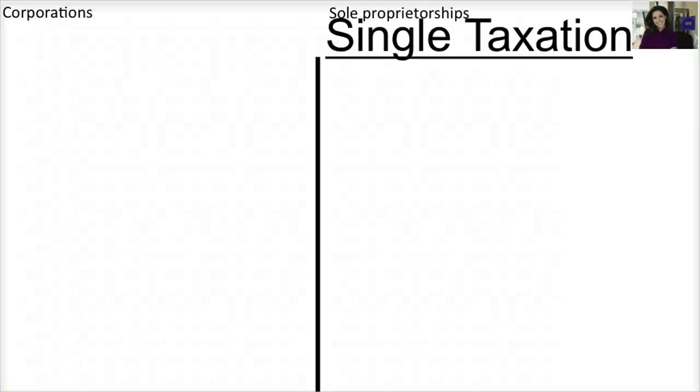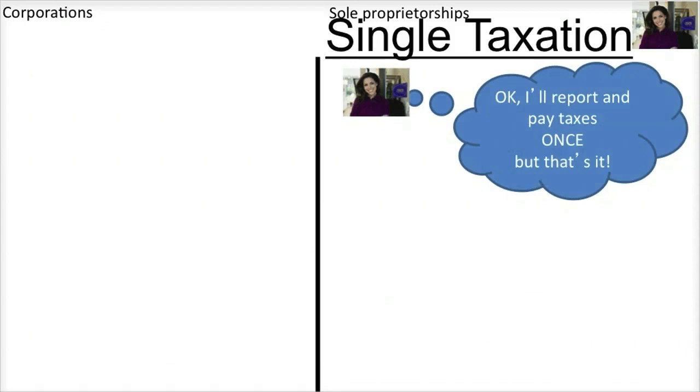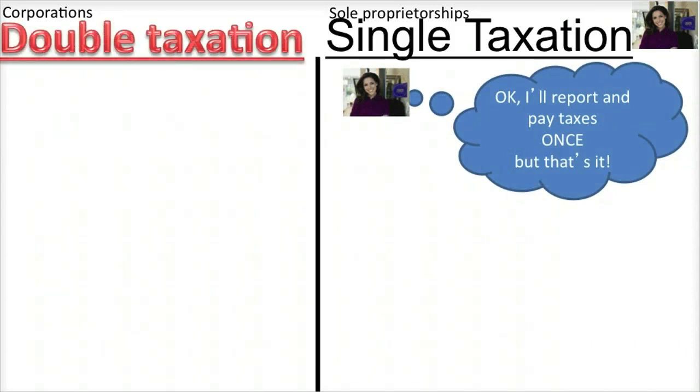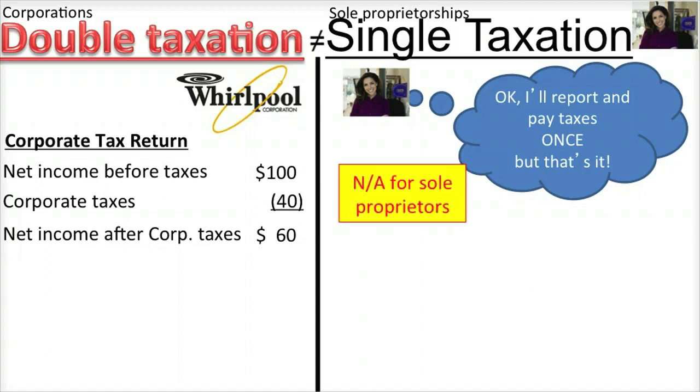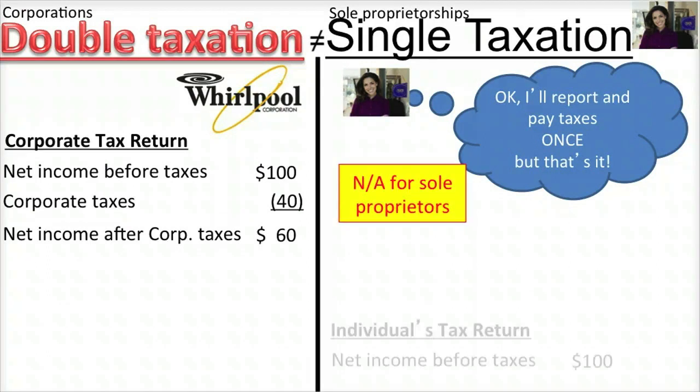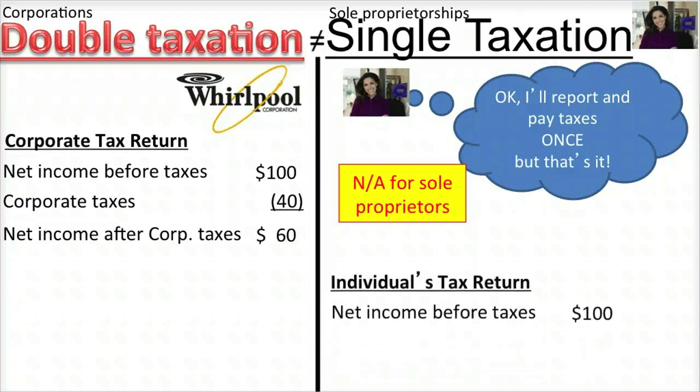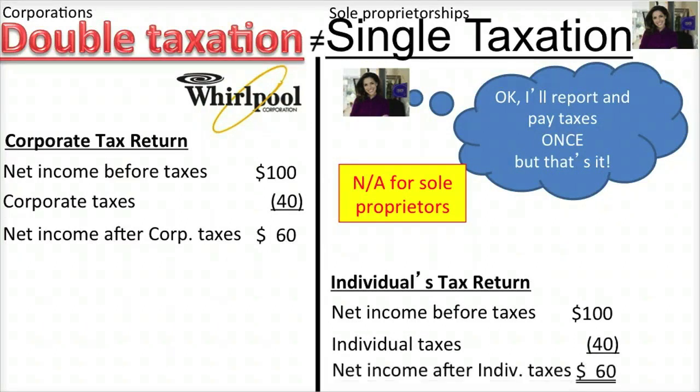Single taxation. Many individuals choose to create their businesses as sole proprietorships to avoid what is called double taxation. Unlike corporations, sole proprietorships are not separate legal entities and are not directly taxed by state or federal governments. Rather, 100% of a sole proprietorship's income is included on the individual sole proprietor's personal income tax return and is taxed just one time at the individual's level.